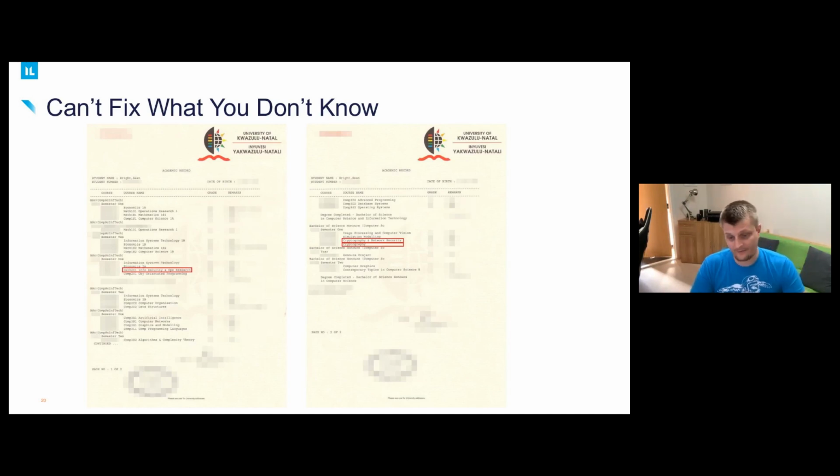Then a big thing for me as well is the way we do training and teaching around development and that. I think it is improving, but it is something that I still get really frustrated with. So back when I started, and this is a transcript of my degree, yeah, I did a Bachelor of Science in Computer Science.